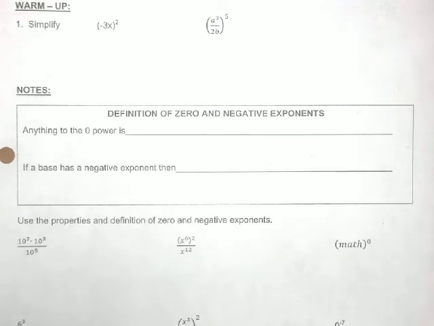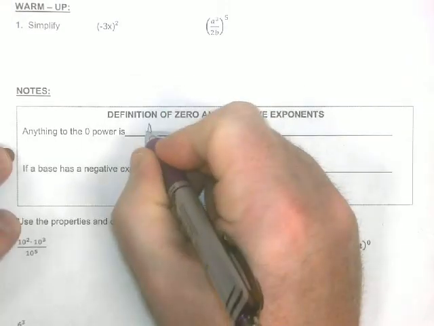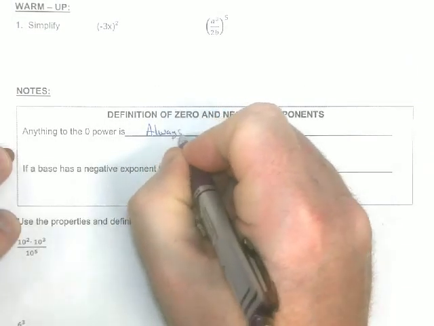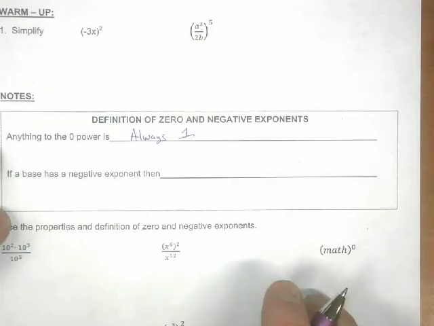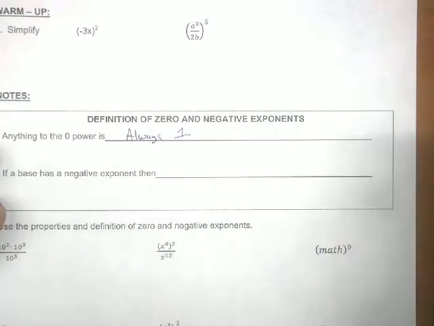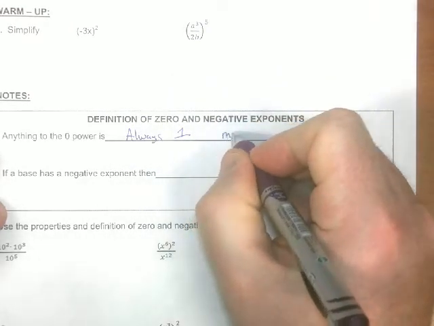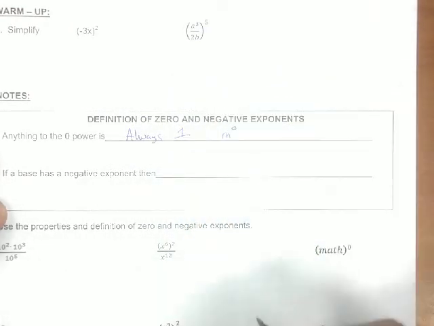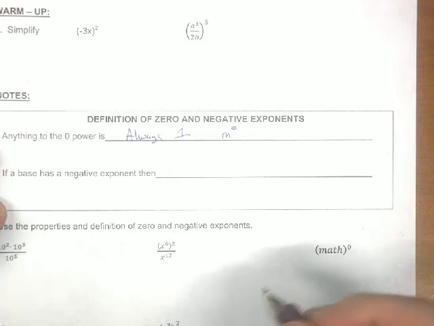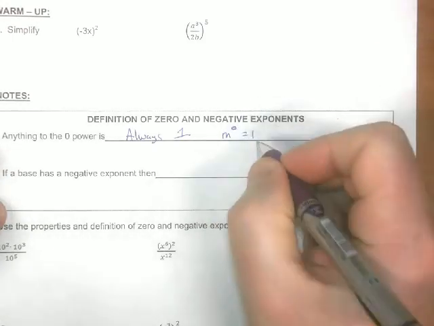Anything to the power of 0 is always going to be 1, ladies and gentlemen. Always 1. So what do I mean? If I have, let's say, m to the 0 power, that's going to equal 1.